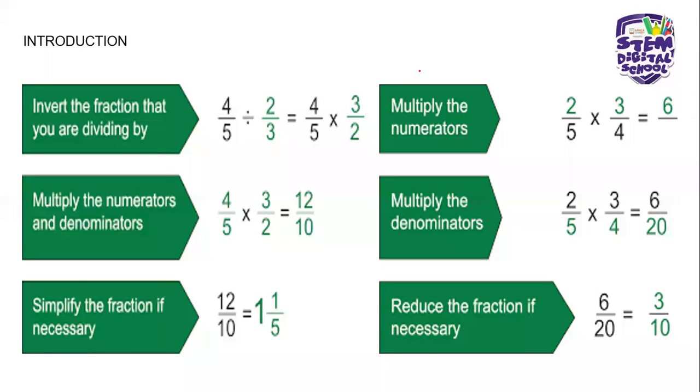Hence, you see that they say 4 over 5 divided by 2 over 3. It means that we're going to change the operation and then flip and change one fraction. After flipping one fraction, so that 2 over 3 becomes 3 over 2, then we multiply. Numerator multiplies numerator, denominator multiplies denominator, and you get your final answer.